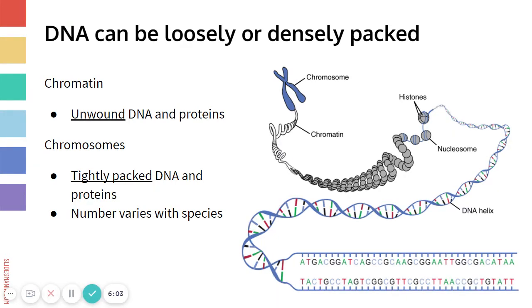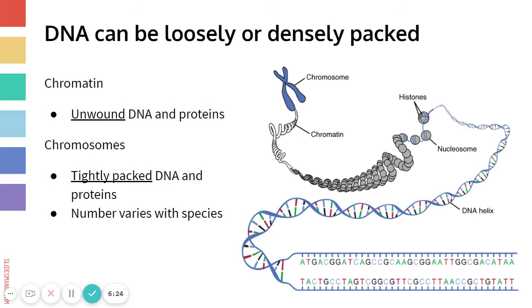And you can think about this in the sense of thinking about what the cell will need to be doing with the DNA, and that will inform whether the DNA is loosely or densely packed. So it's almost like when the cell is just hanging out and it needs the DNA to be accessible, then you don't want it to be tightly packed away, right?